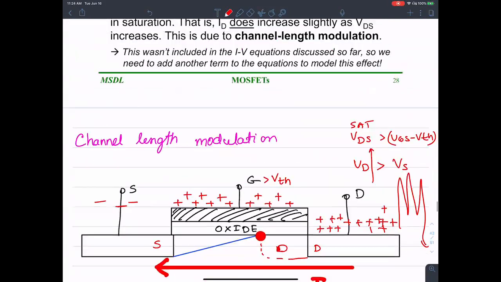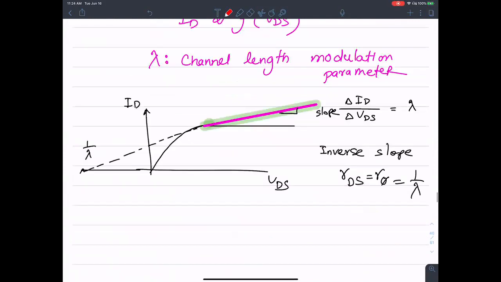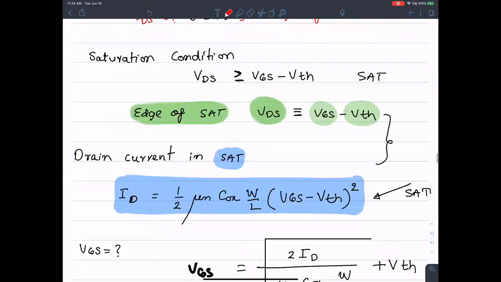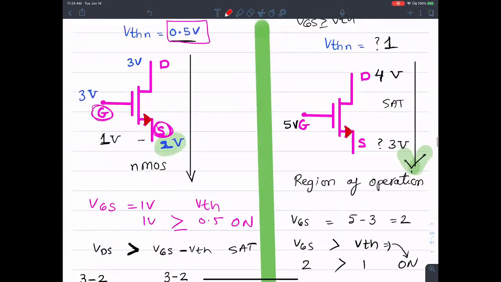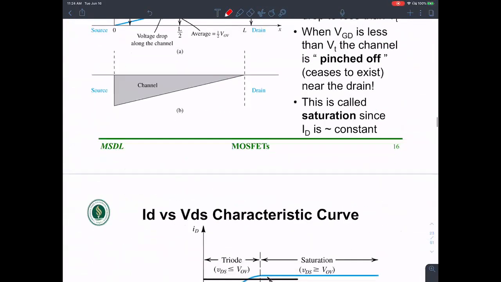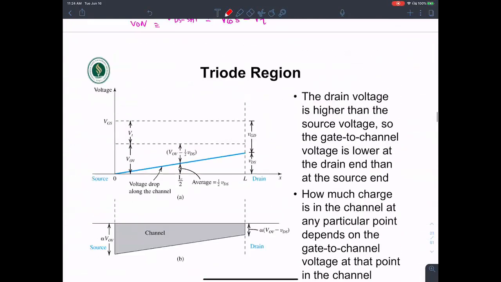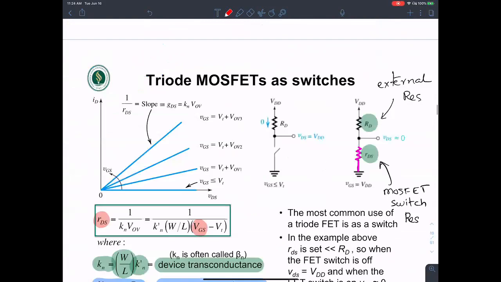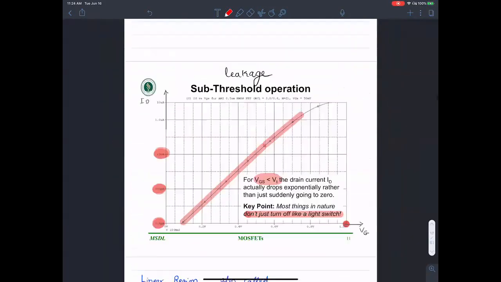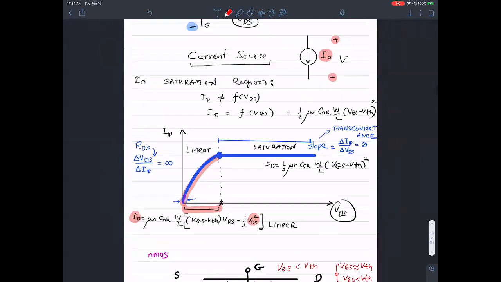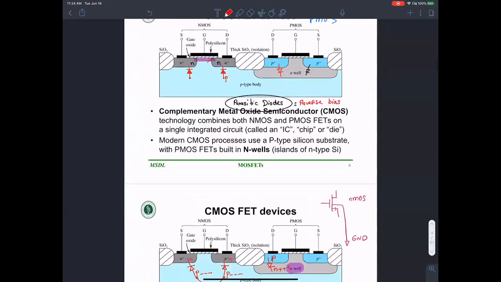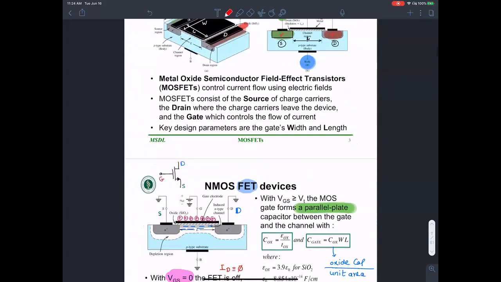If I go back earlier, I mentioned the distance between the drain and source, let me go back to my slide here. Let's see, I mentioned the distance between the drain and source to be channel length. Excuse me for that. I have to go way far back, till I reach the region of operation right here.